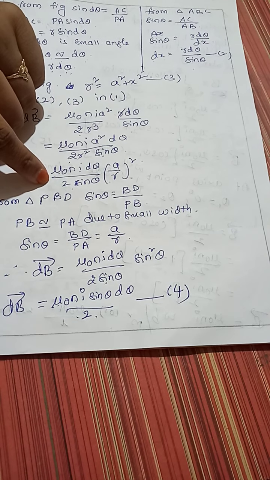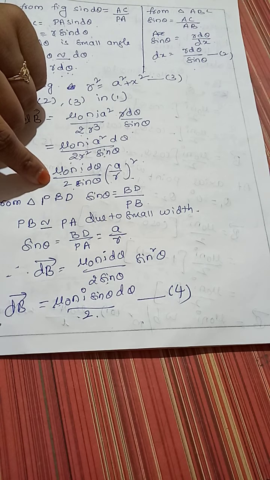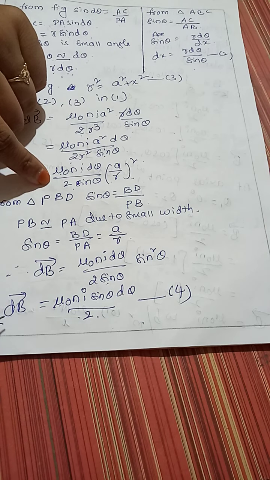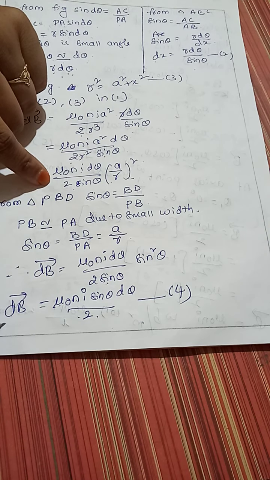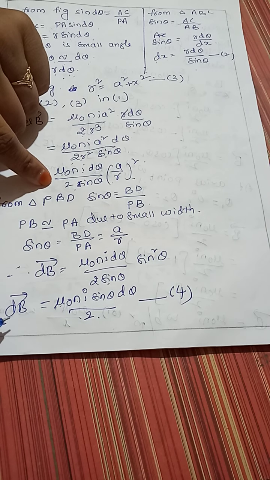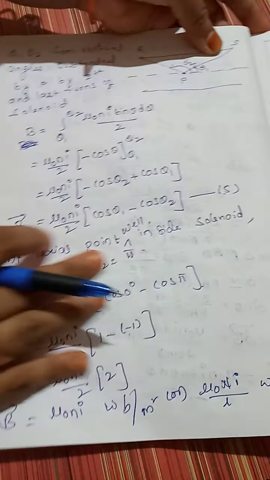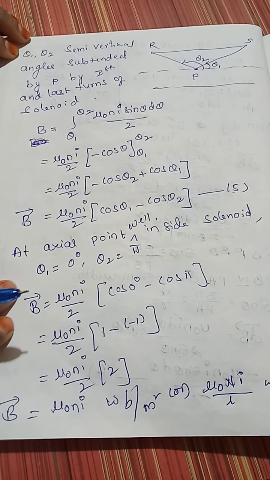Now this is the magnetic field at point P due to current I flowing through the element AB of width dx. Now we want the magnetic field due to the entire solenoid.